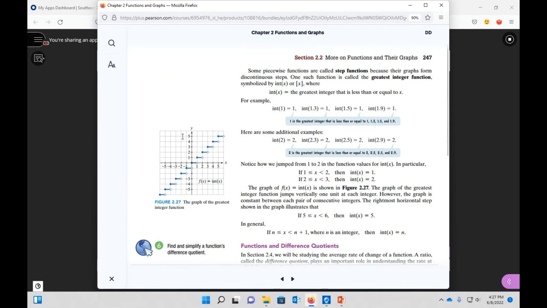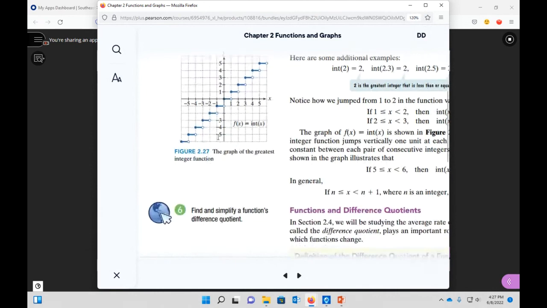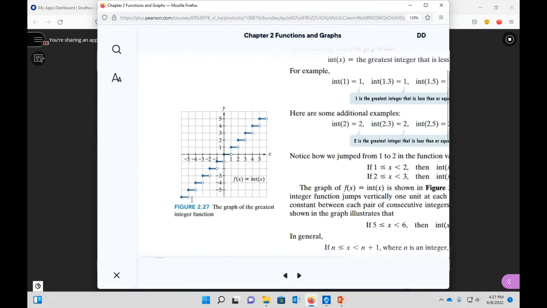Now, if you just take a careful look at their graph, you can see that it appears that what we're going to do is round down a value to the integer value that is less than or equal to the value in question.